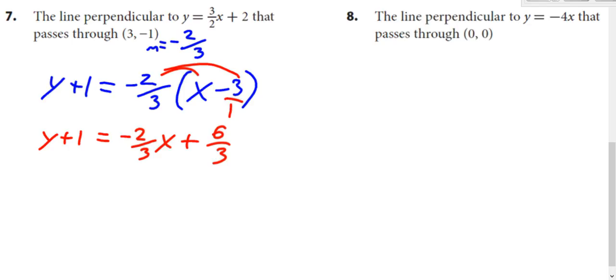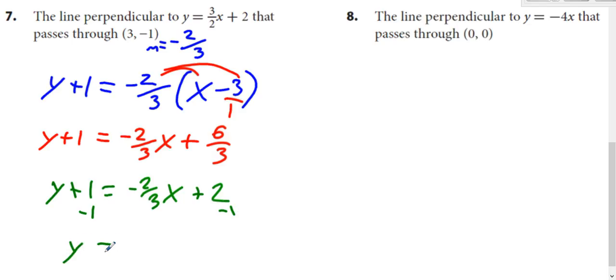We can reduce that or simplify that. And then subtract the 1 over. So our perpendicular line is y equals negative 2/3 x plus 1.